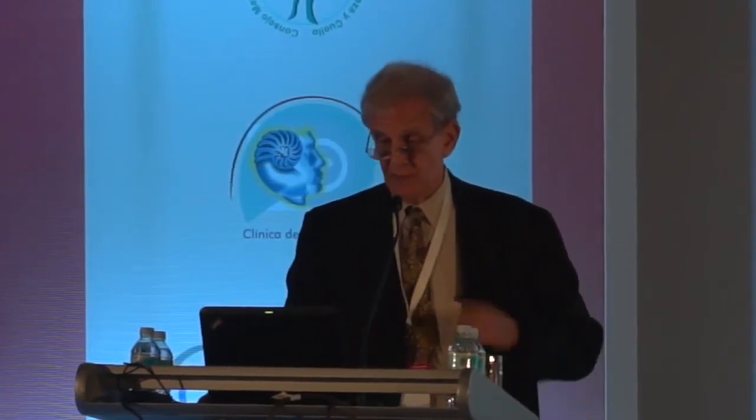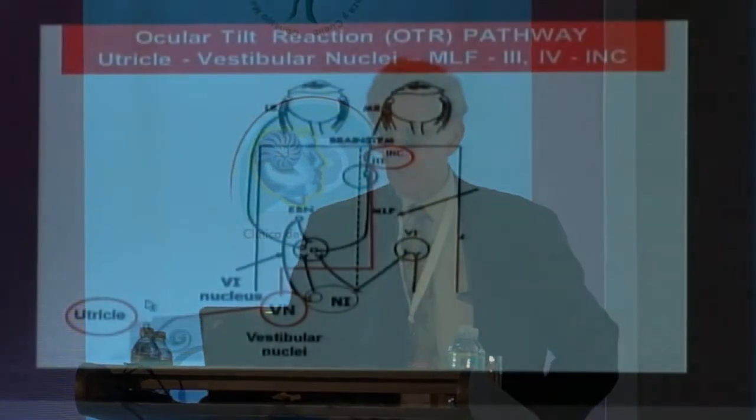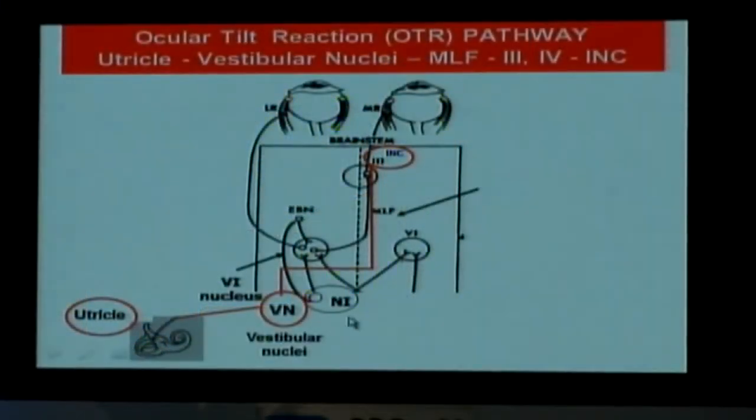This is the skew pathway, if you will. We saw this a little earlier from one of Michael's slides. We've got our utricle going to the vestibular nuclei, crossing over, going up the MLF, medial longitudinal fasciculus, to impinge on 3, 4, and interstitial nucleus of Cajal. The rules are simple.